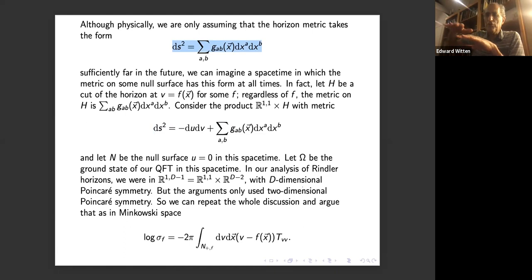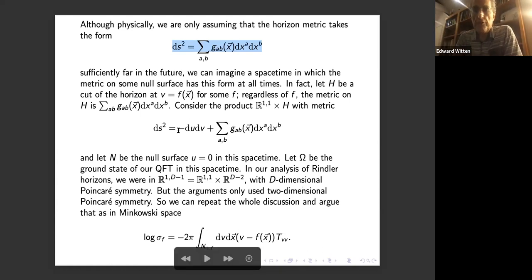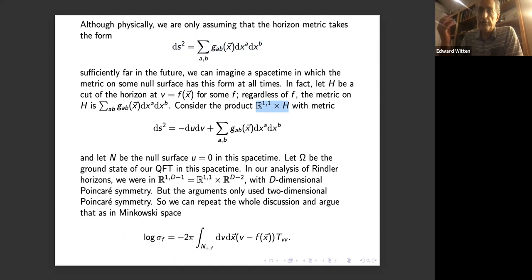A quantum state would be a function of a field, but the density matrix is a function of a pair of fields on an initial value surface, which here we take to be the future of a cut of the Rindler horizon in this spacetime. Whatever that function of fields is, we literally use the same function of fields as a density matrix in the black hole spacetime.